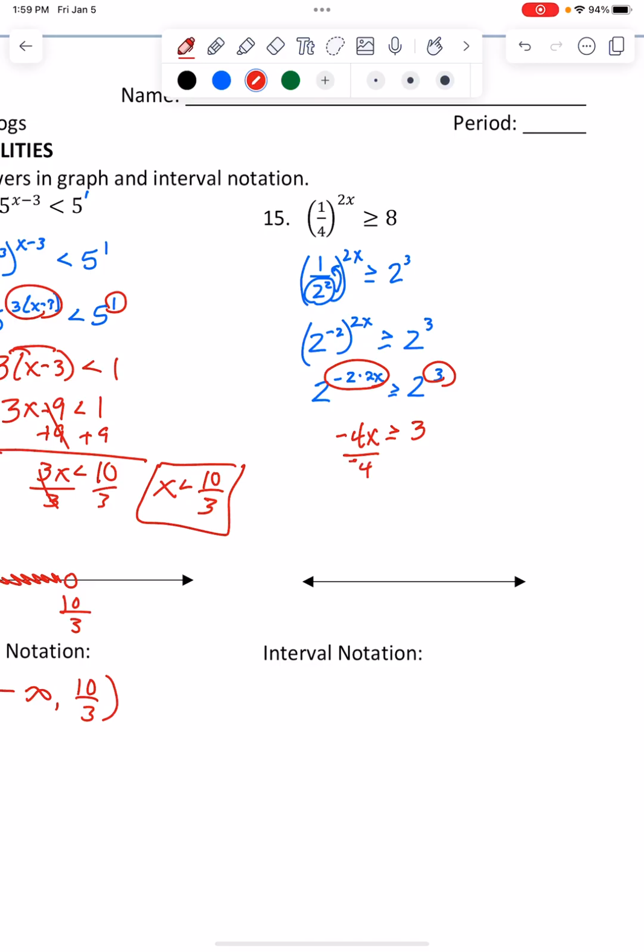So if we divide by negative 4, right? This is the one thing we got to remember when we're dealing with inequalities. We divided by a negative number here. So that means we got to flip the symbol.